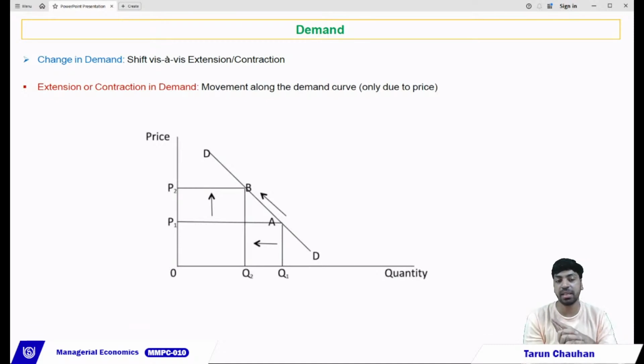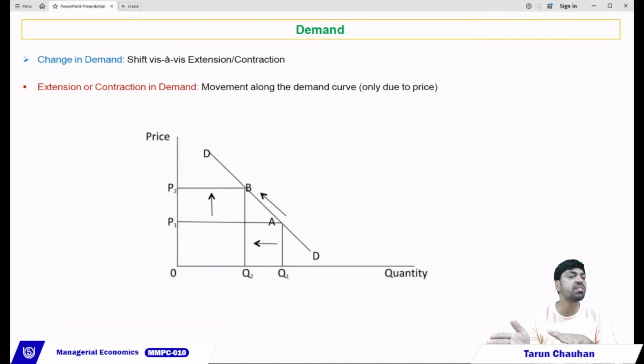I repeat once again in a very basic sense. Contraction means if the increase in price is more than the change in the quantity demanded of a commodity, it's called contraction, and vice versa.